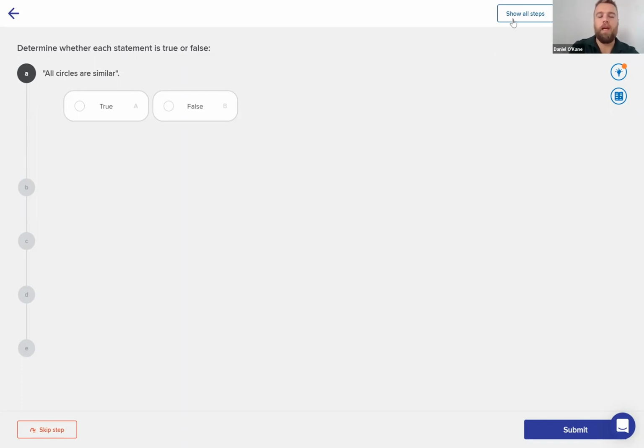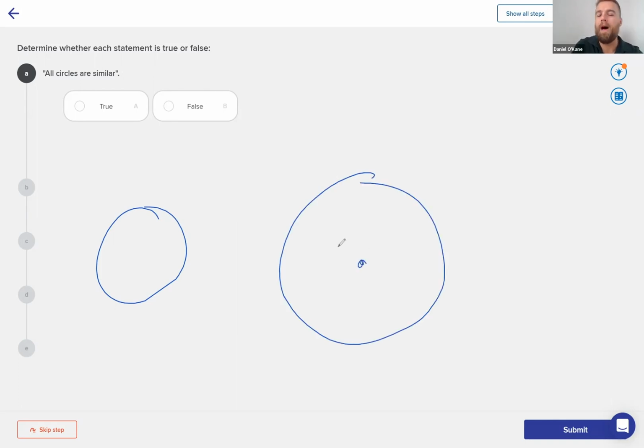So if I look at a circle, the circle is a special shape where there's only one dimension, right? It's just that radius from the center to the outer edge. Let's say this is a circle of 1 centimeter and this is 1.5 centimeters.